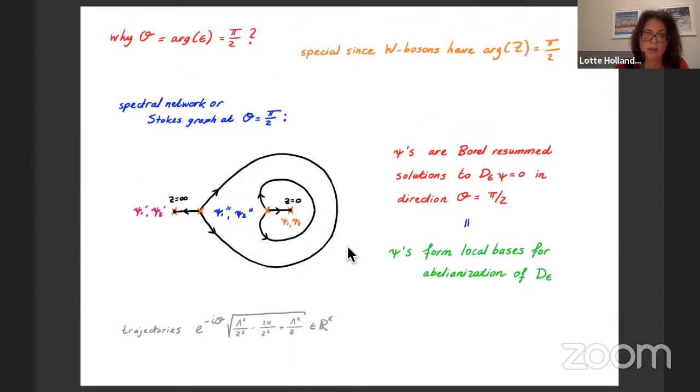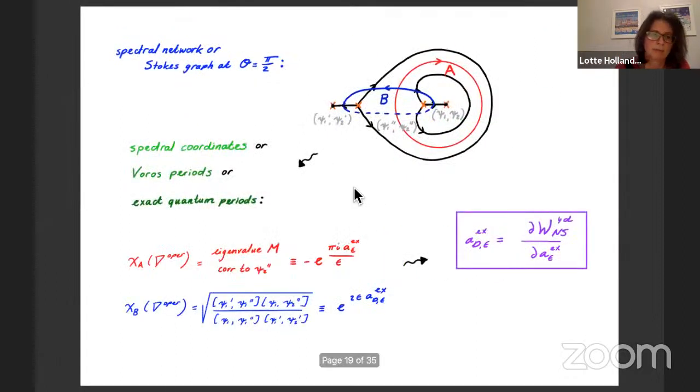And using the fact that they're special, in that they define a local basis for the abelianization with respect to the spectral network, we can compute their quantum periods. So that is written down on the slide here.